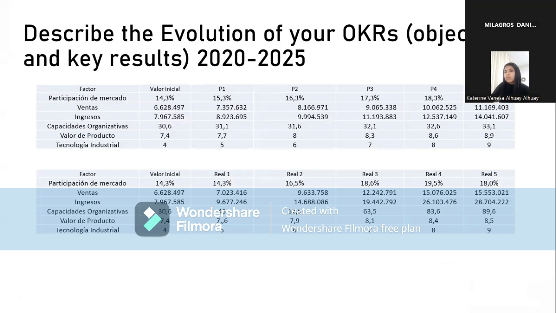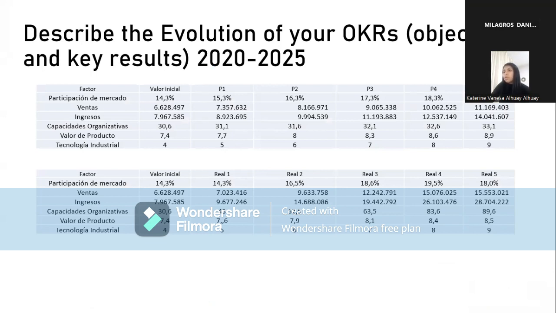Okay. Now we are going to describe the evolution of the OKRs according to the objective and the key results, about 2020 and 2025. Okay, we can see the participation of the market in an initial value.